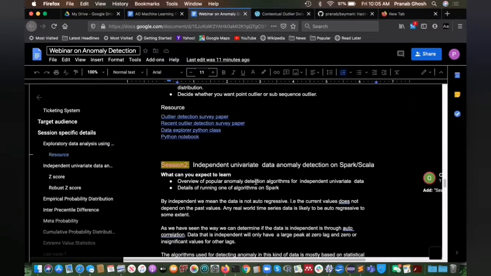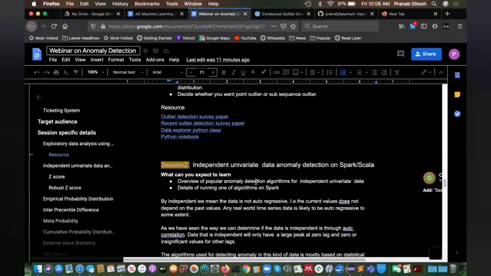So today, out of those 4 cases, we are going to consider the first case, which is univariate anomaly detection. It's independent. That means it's not autoregressive. That means the data is not a function of its past data.